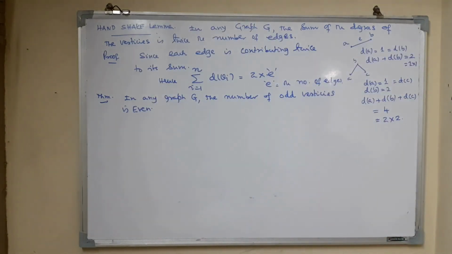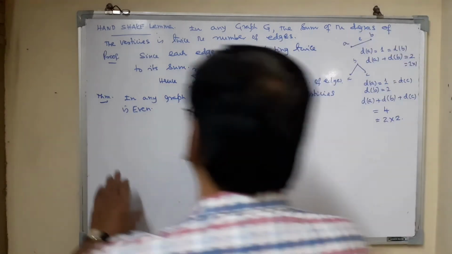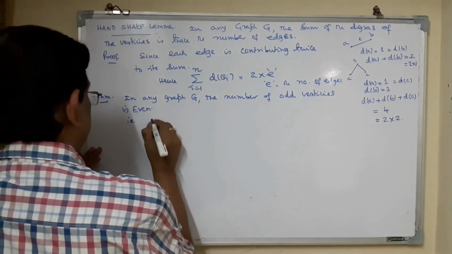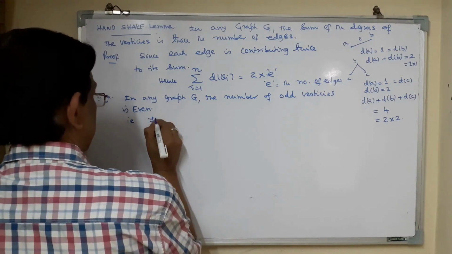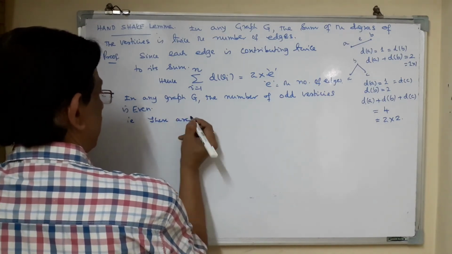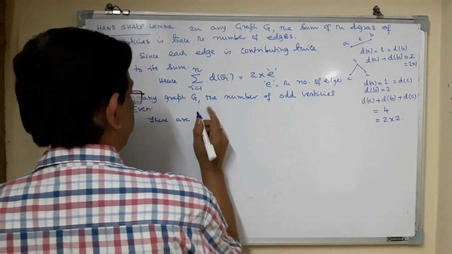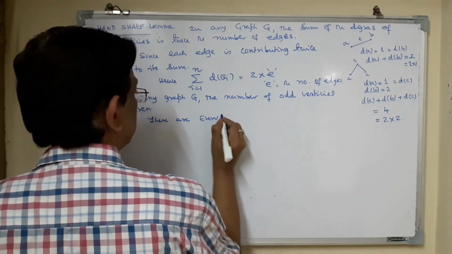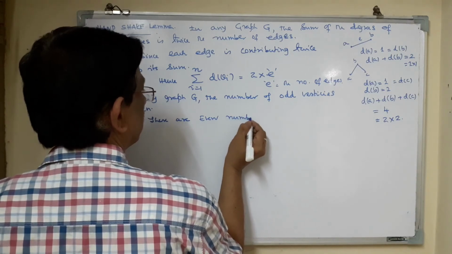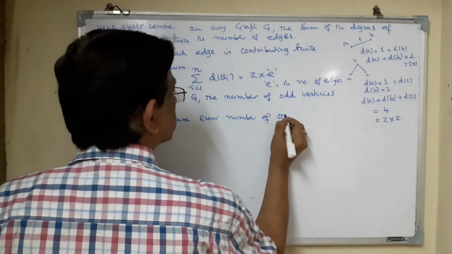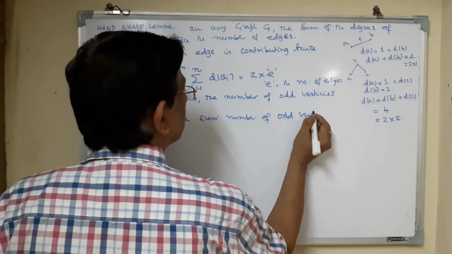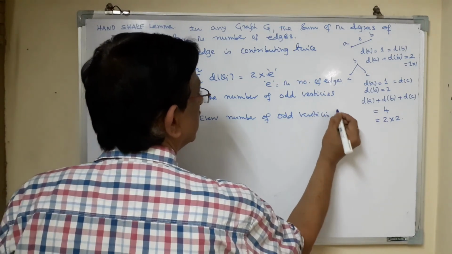That means you have an even number of odd vertices in any graph G. That is, there are an even number of odd vertices in a graph.